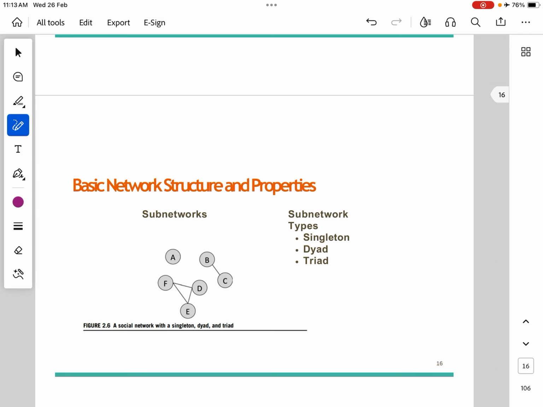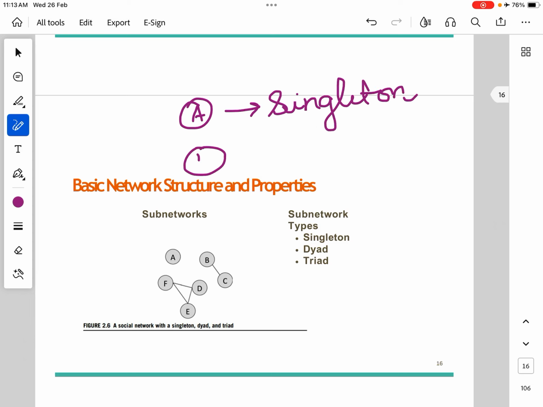Basic network structure and properties. Subnetwork types: there are 3 types of subnetworks: singleton, dyad and triad. Singleton means only one node is present. This is called a singleton network when we have only one node present. B and C, there are 2 nodes with one edge. This is called a dyad.